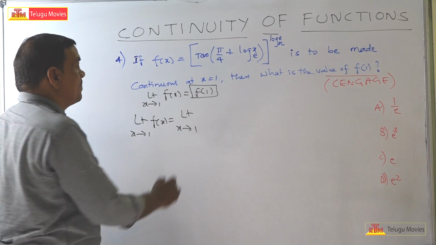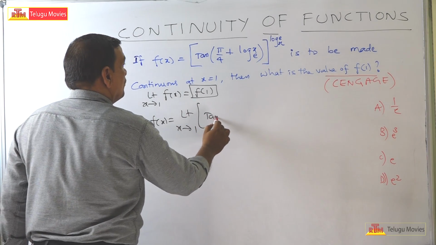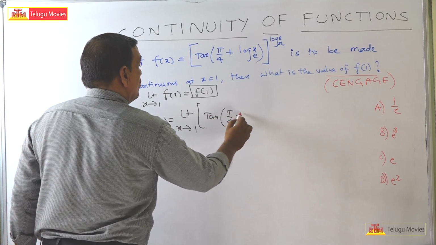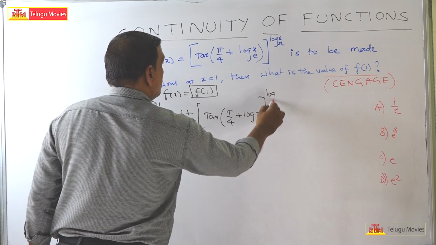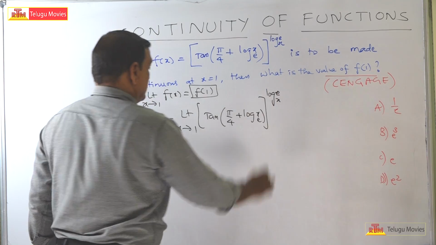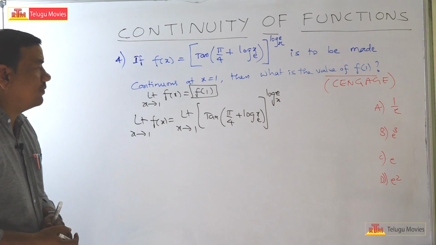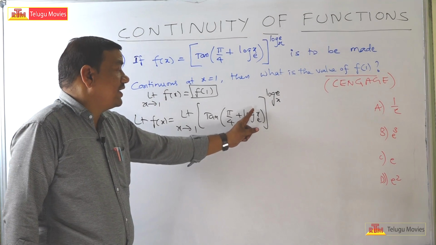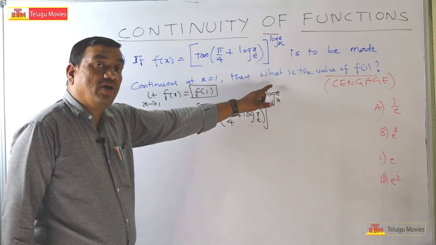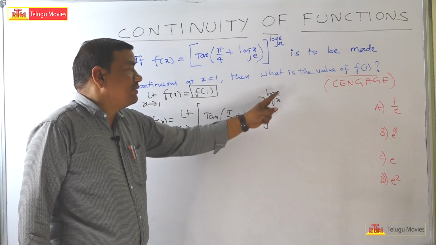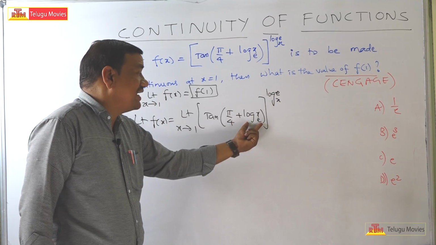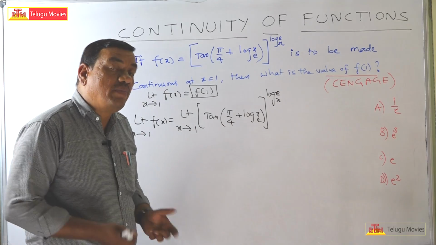It is given as tan of pi by 4 plus log x to the base e whole to the power of log e to the base x. Then how to do this problem? Observe here, log x to the base e in the power log e to the base x is there. That means these two are reciprocals of each other. If its value is h, the other is 1 by h.